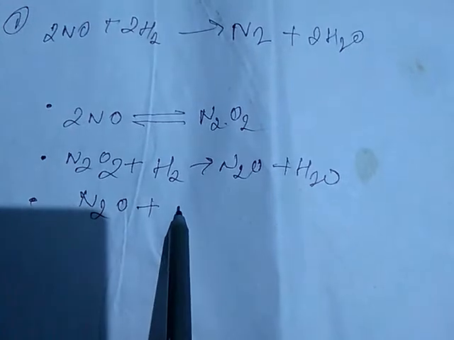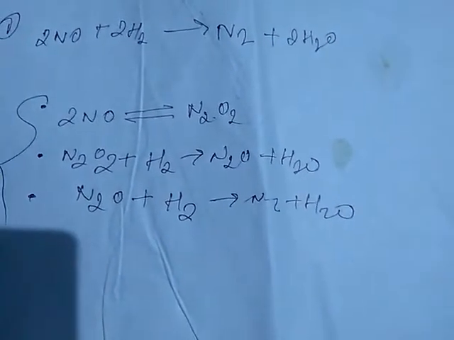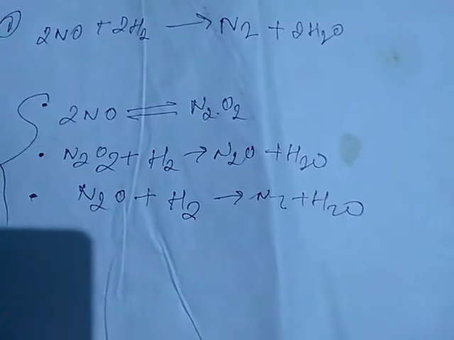In the third step, N2O combines with hydrogen once again to give N2 plus H2O. So these three steps are the mechanism for the complex reaction, linked together for its completion.